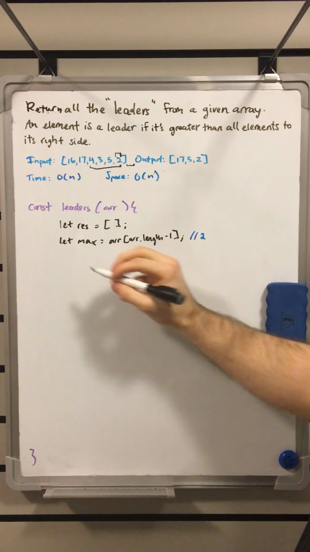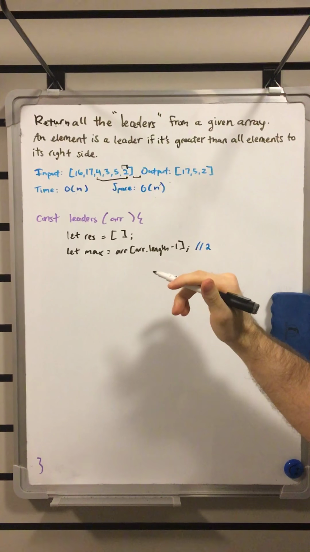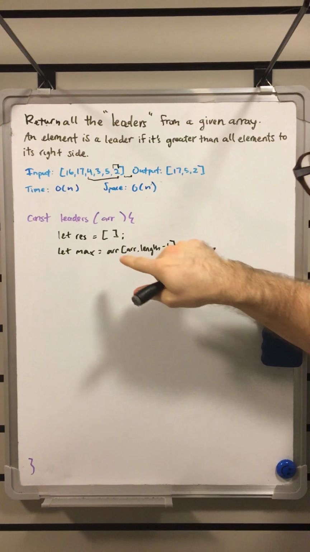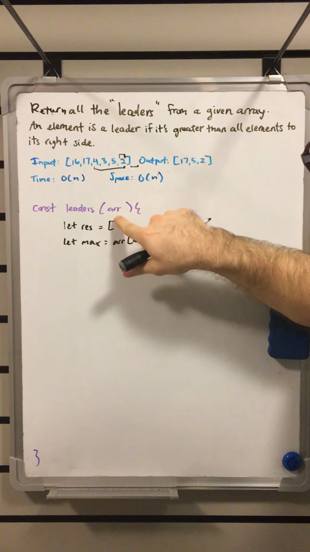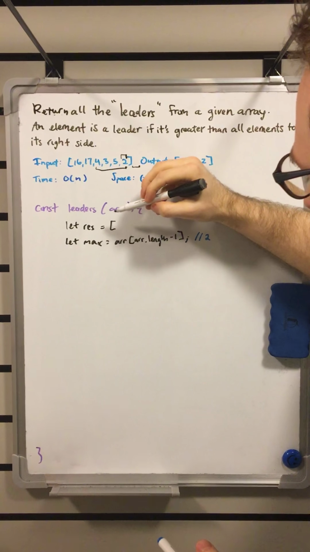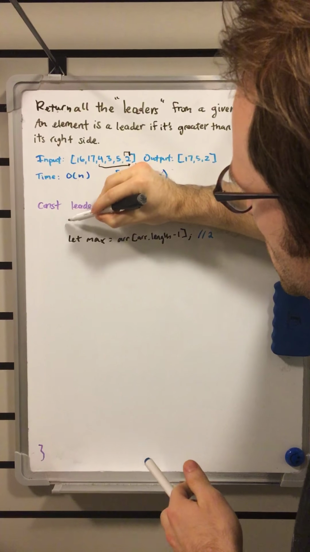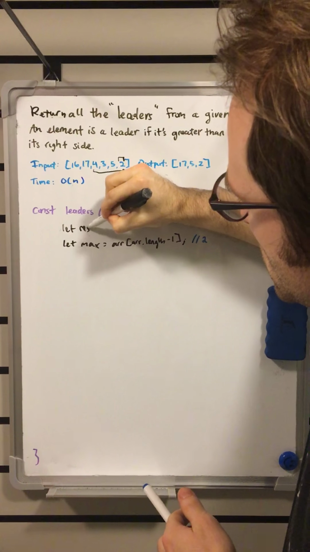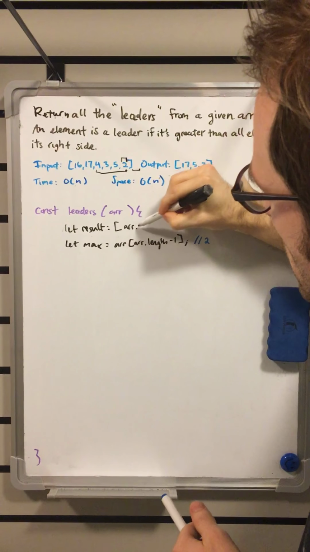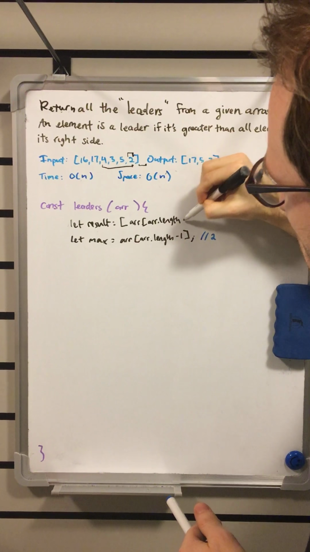Alright, so then since we know the very ending is a leader, we are going to assign it to the max. And to skip some stuff here, we could technically just let result equal array at array.length - 1.